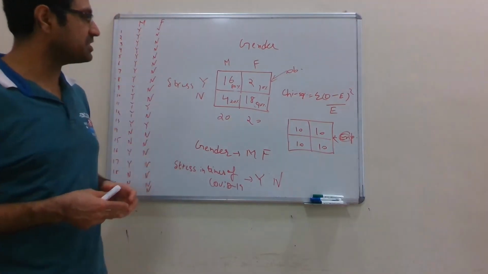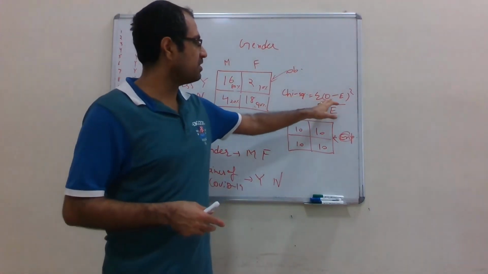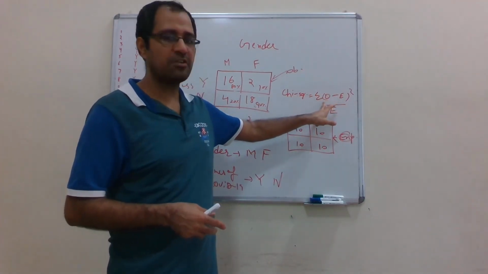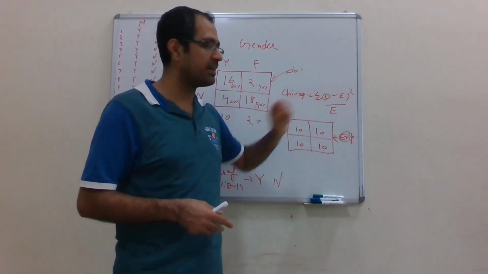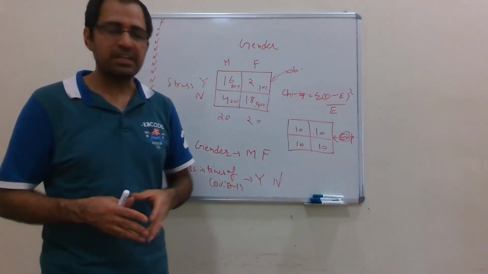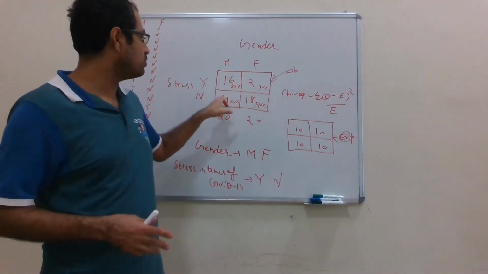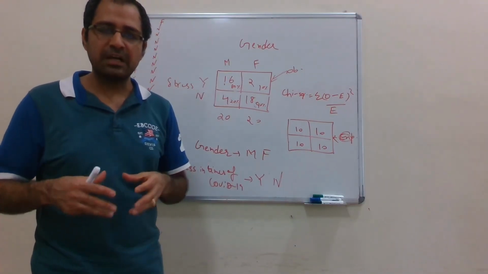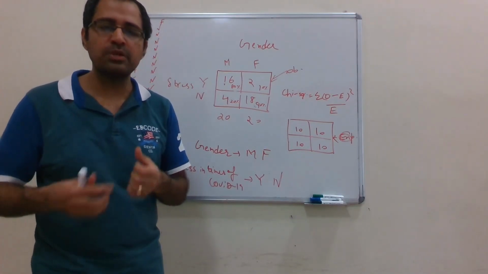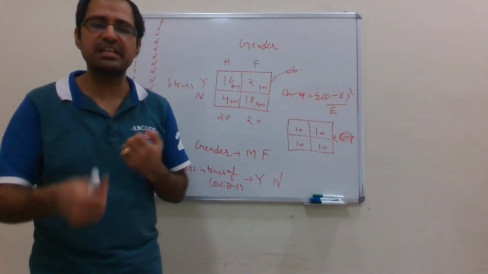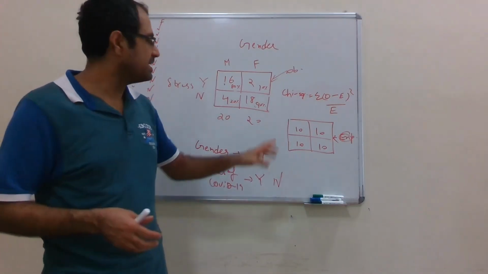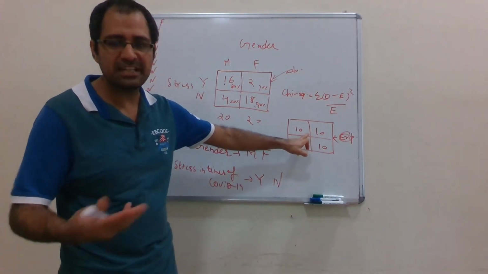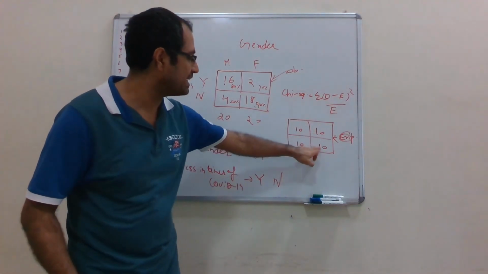Now, what chi-square does is, chi-square test involves observed, this is the formula, summation of observed minus expected whole square divided by expected. Now, these are observed values, 16, 2, 4, 18. What is expected? Expected is assuming that there is no relationship or there is no difference. What will be the number in these cells? So expected, when they are assuming that there is no difference, the number will be 10, 10, 10, 10.